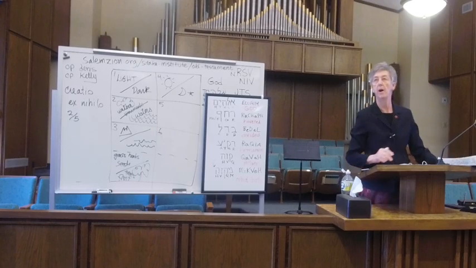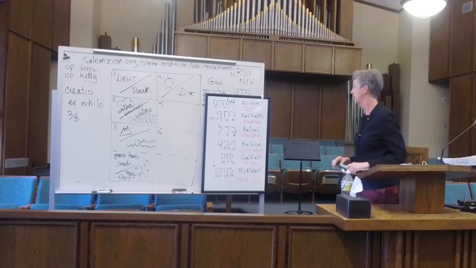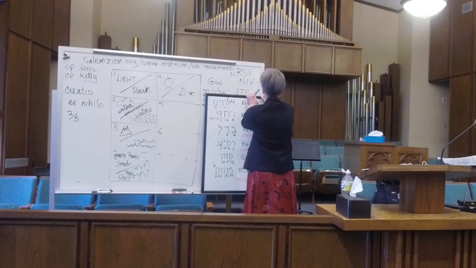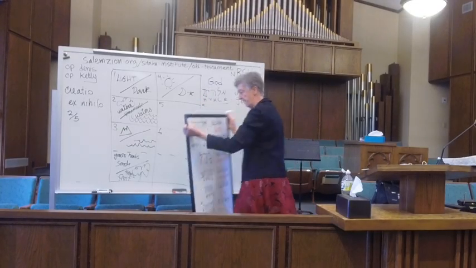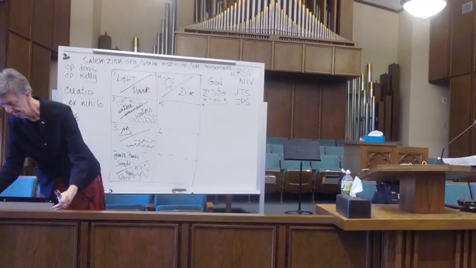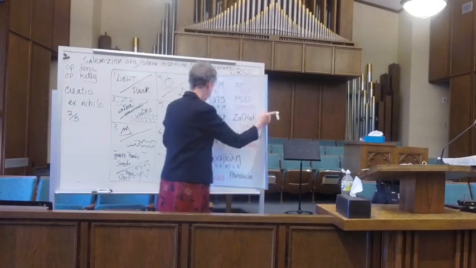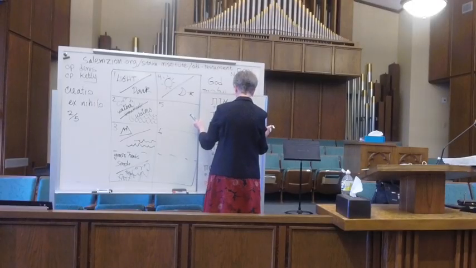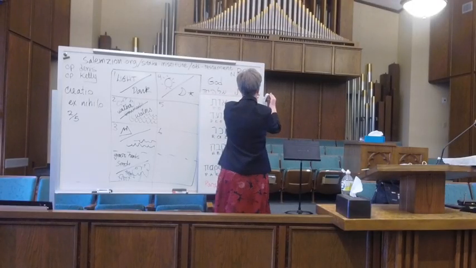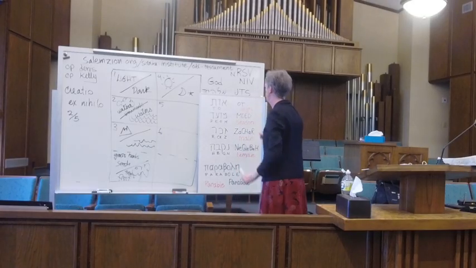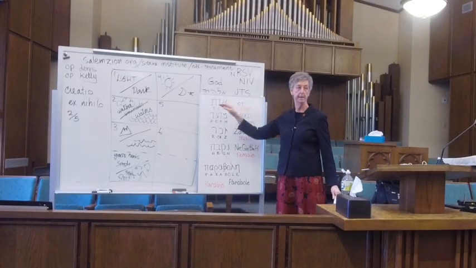So I looked up those words, and now we get a different board. And some of these words you will see used repeatedly, and so it's good to know what they are. This is the first time. We're going to pay attention to this. This is sign.